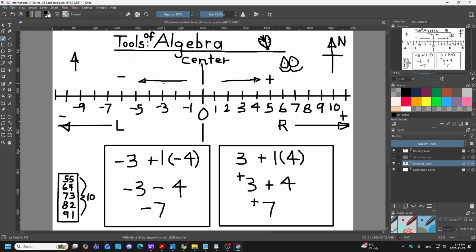So starting from, let me clean this up. Starting from -3, remember when you have a negative, you're going left, right? So 1, 2, 3, 4 jumps, right? 4 jumps in a negative direction. We end up at -7. So mathematically, it's kind of like you're adding the numbers together, but you're adding it either to the right or you're adding it to the left.